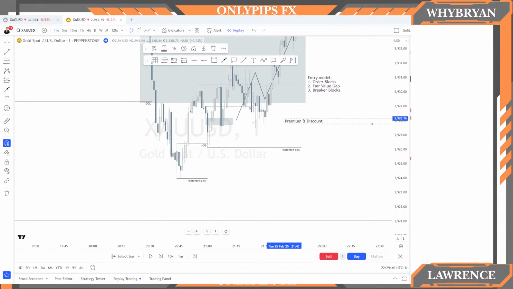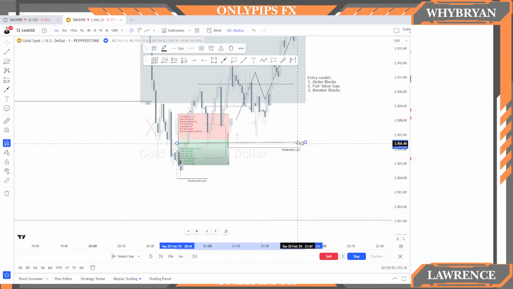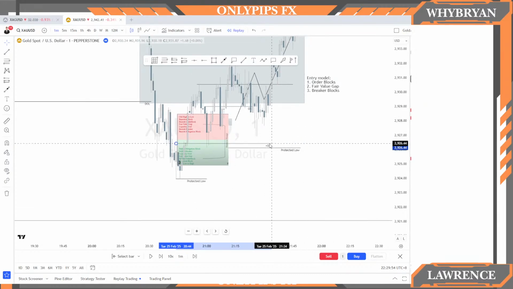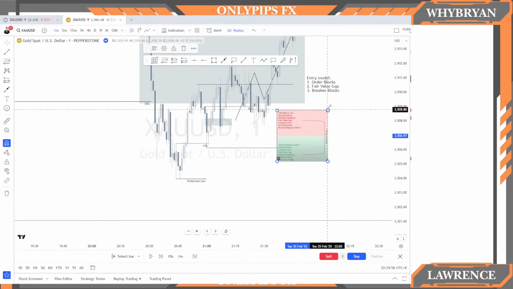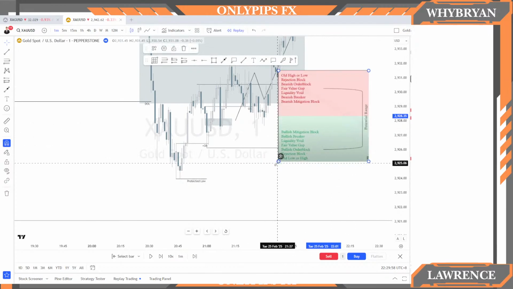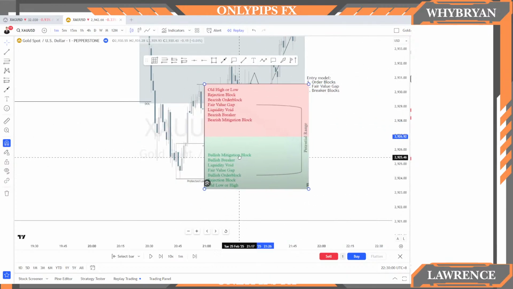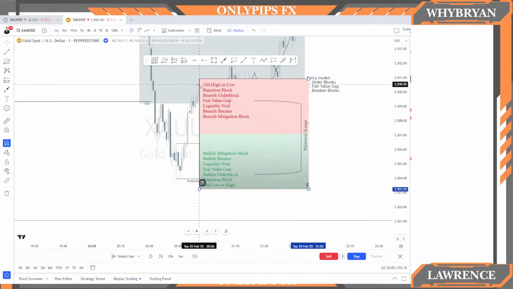Okay, credit to the PD array matrix from Google. Just to zoom in for you guys. So every single structure, okay, let me drag it.